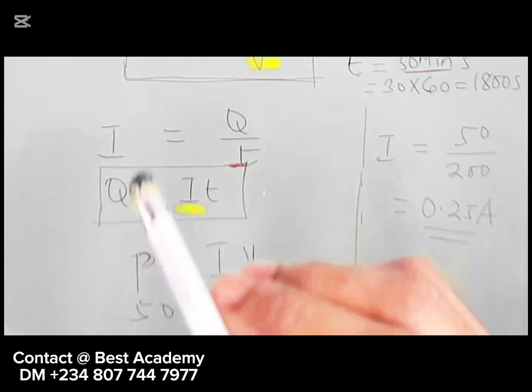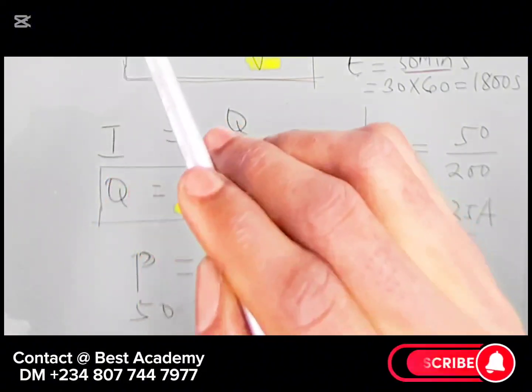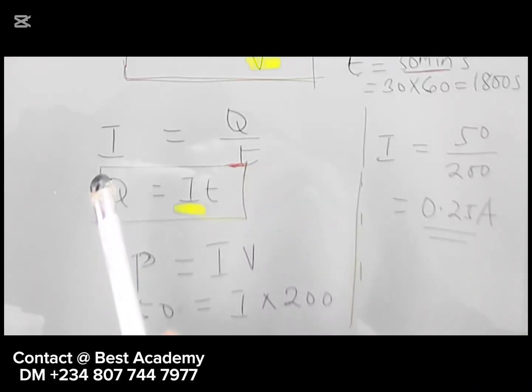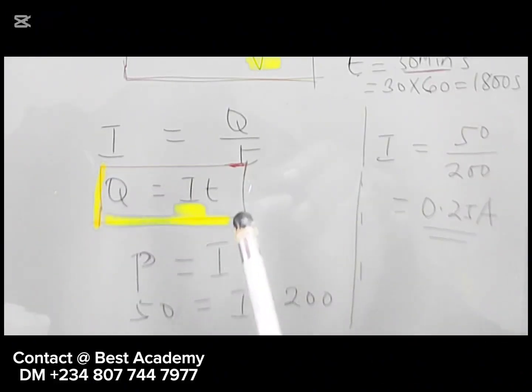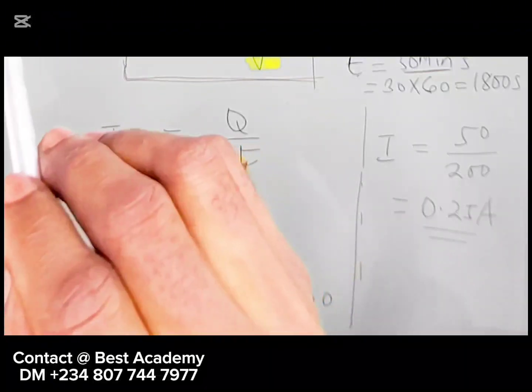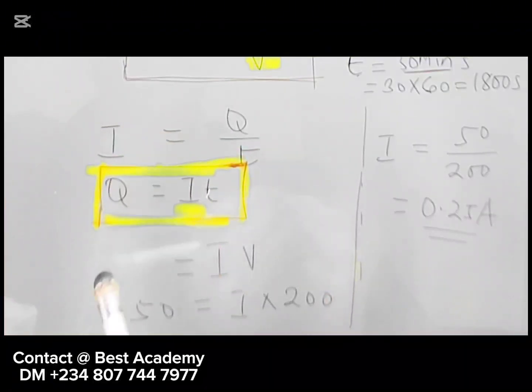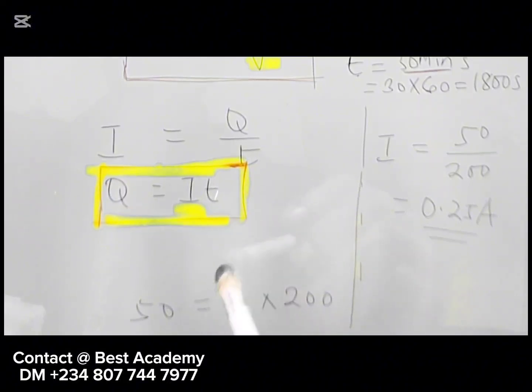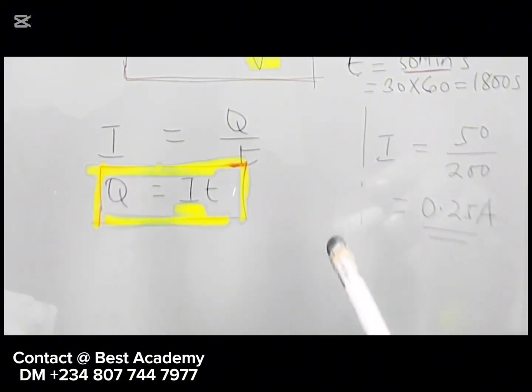That means I can easily calculate for the charge from this particular formula. Now let's calculate for the charge, and later plug in the value of the charge in the capacitance formula.